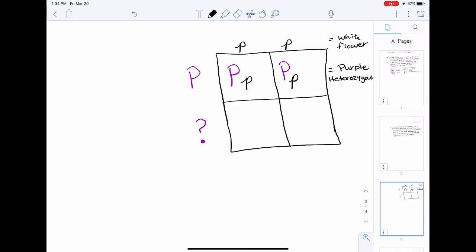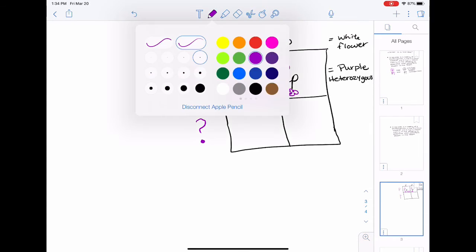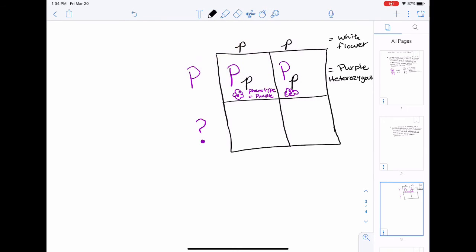So he got a purple flower and a purple flower, and his phenotype is purple, and his genotype is heterozygous.